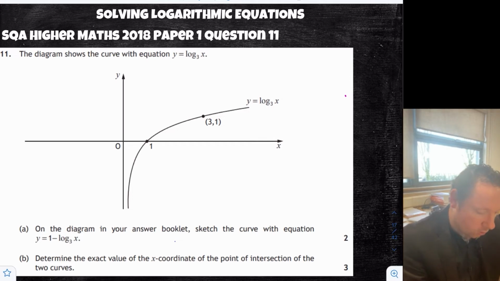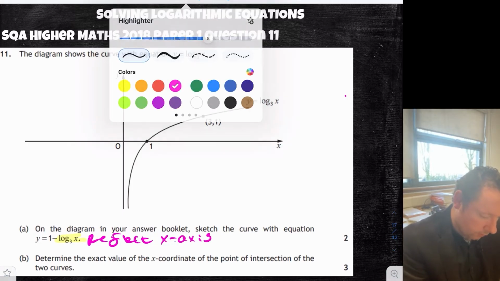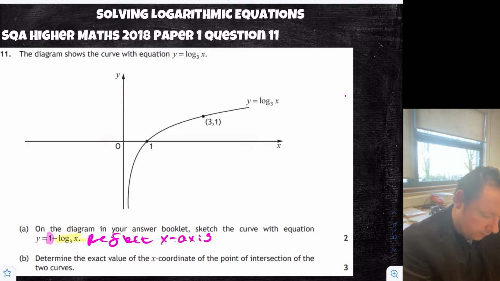So 1 minus log 3x, the minus part here tells me to reflect in the x-axis, and then the 1 part, which I'll do in another colour here, tells me to then move up by 1.